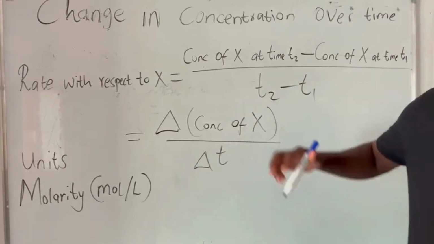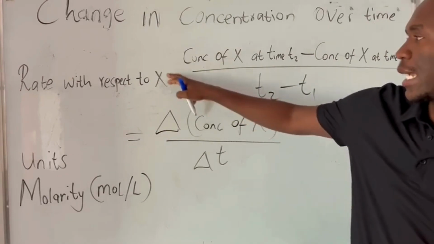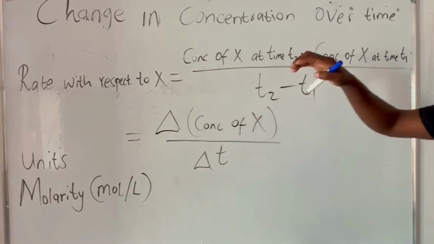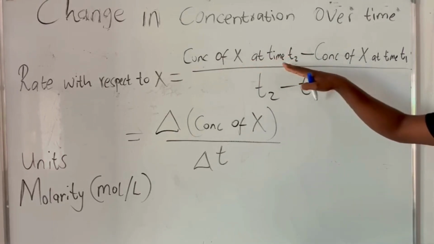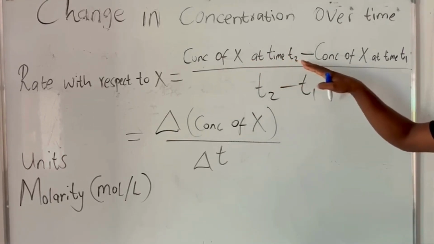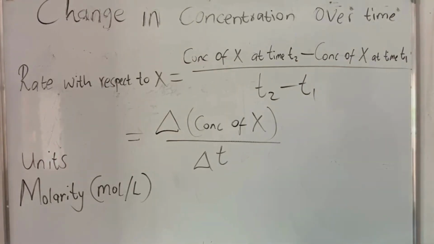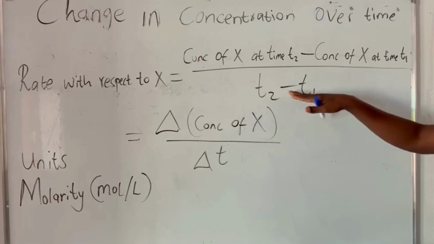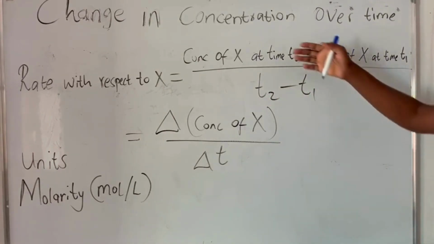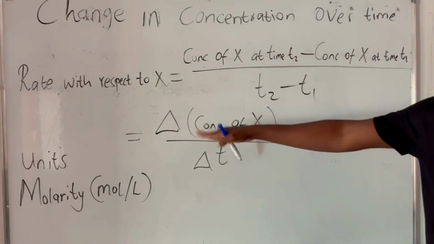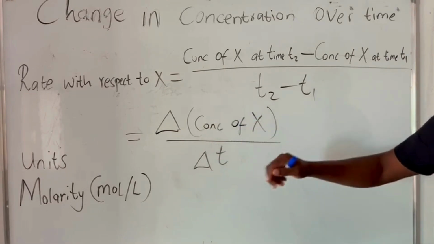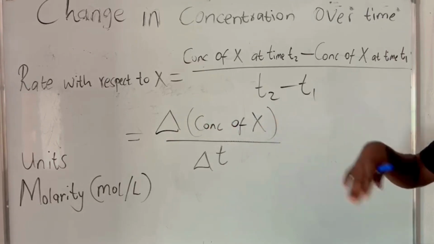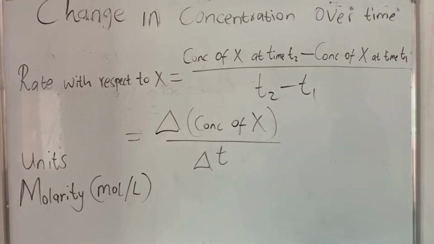For example, if we have a reactant X, the rate with respect to X will be the concentration of X at time T2 minus the concentration of X at time T1 all over T2 minus T1. And this can be written like what I just indicated here, to say everything should be equal to the change in concentration of X over change in time.